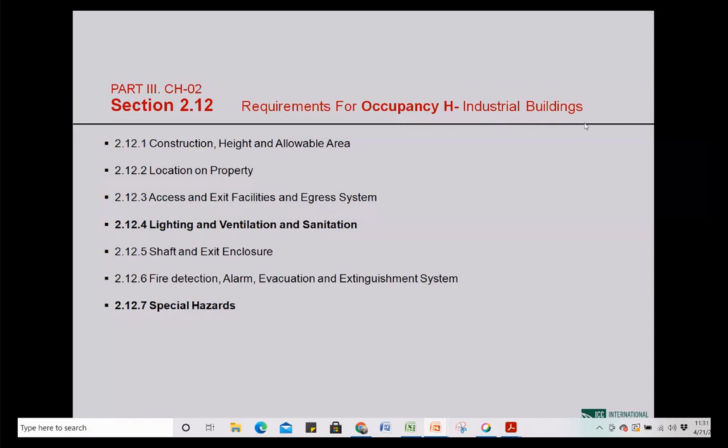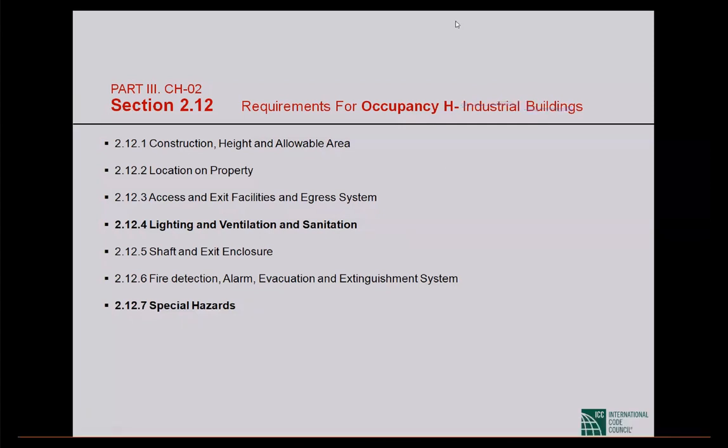So please make a note that this is not industrial building. This is storage occupancy. Just have a note that this is storage.